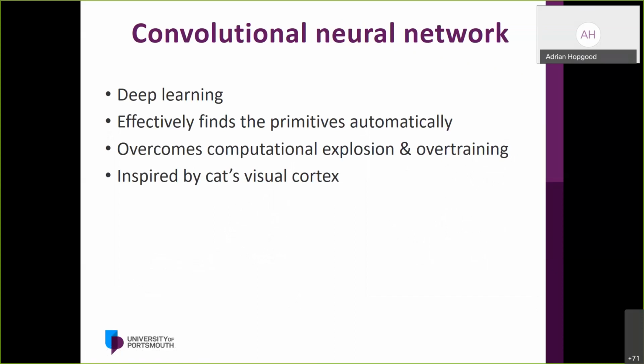And this leads me on to convolutional neural networks, one of the classic examples of a deep learning neural network. If we look at what we've seen so far, particularly with this character recognition, I had to work quite hard to process the image in the first instance.